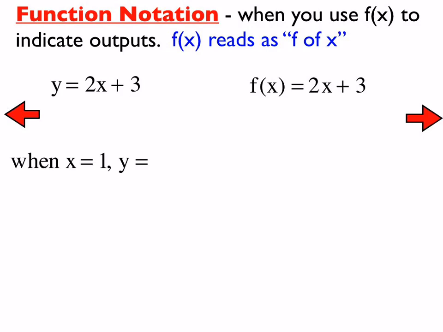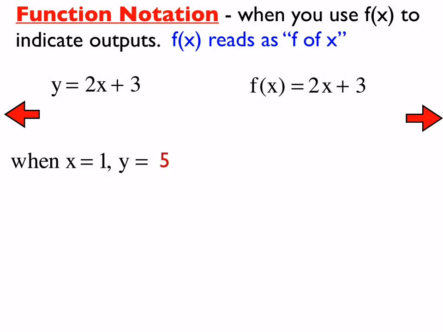And so in the past, you may have been asked to evaluate that equation y equals 2x plus 3 when x equals 1. Well, when x equals 1, obviously we're going to take that value, substitute it in right there, simplify, and we will have the y value. So 2 times 1 is 2, 2 plus 3 is 5.